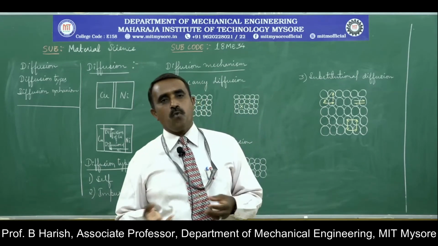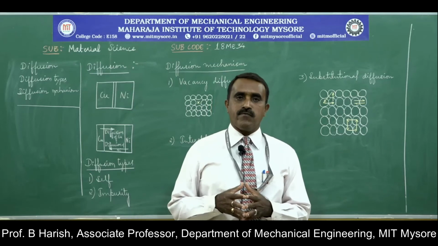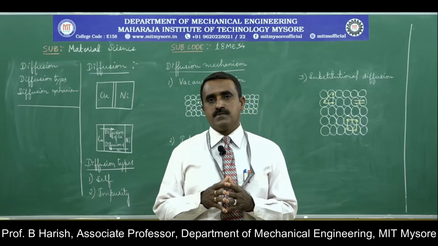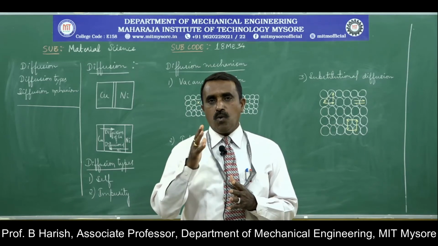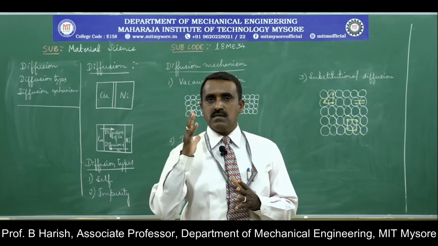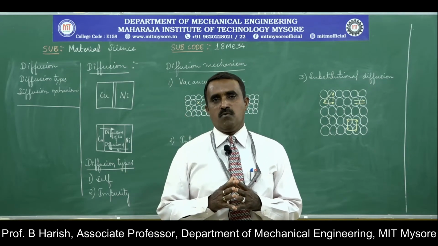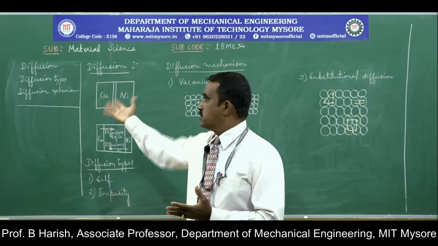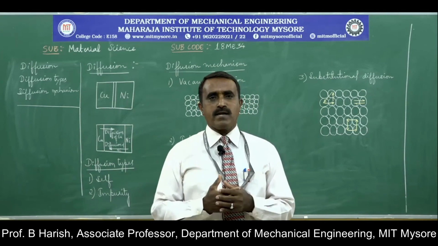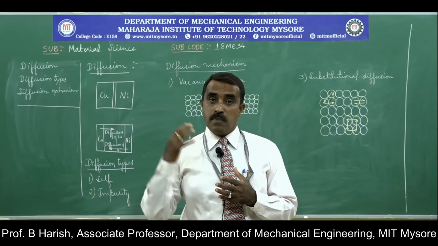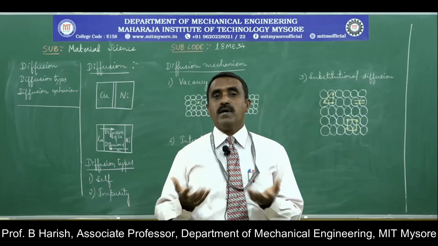Now that we know what diffusion is and its types, diffusion is nothing but movement of atoms. How does the movement take place, and what is the mechanism behind it? That is the next topic, diffusion mechanism. There should be a mechanism based on which the movement takes place.